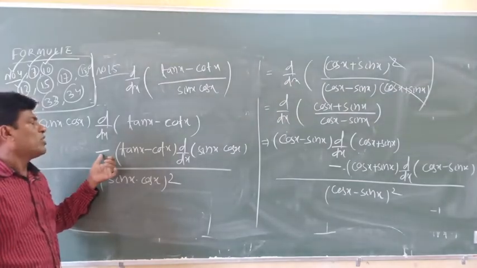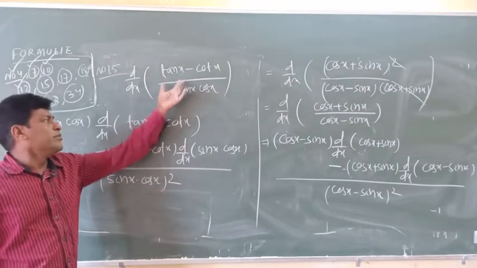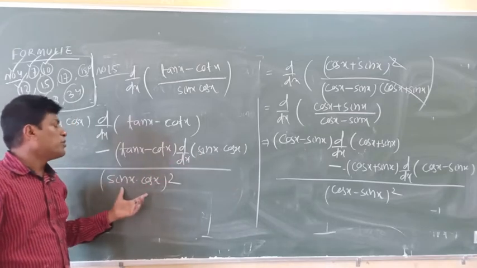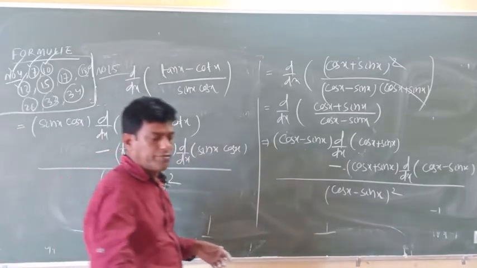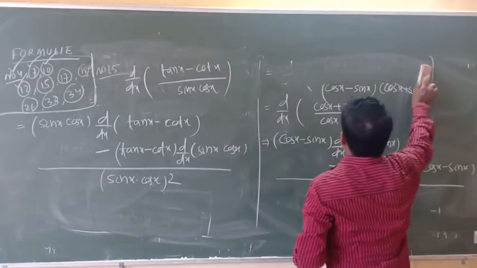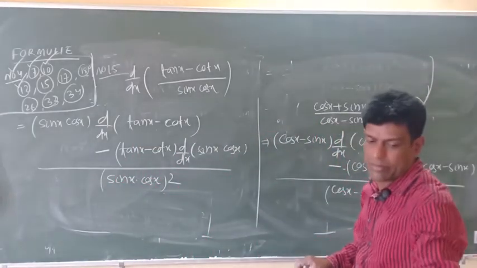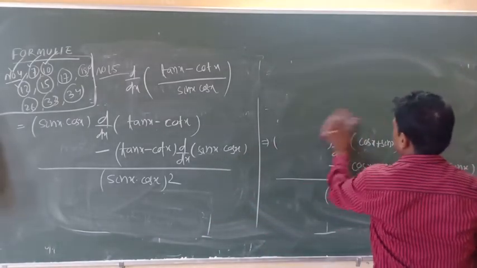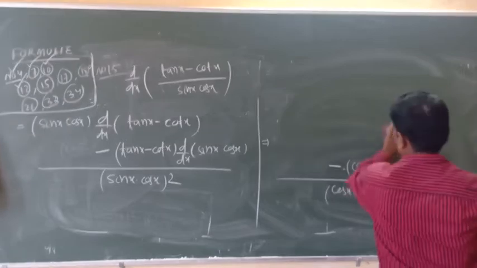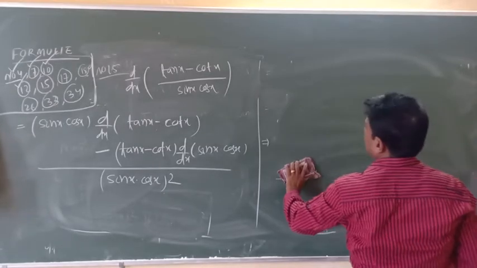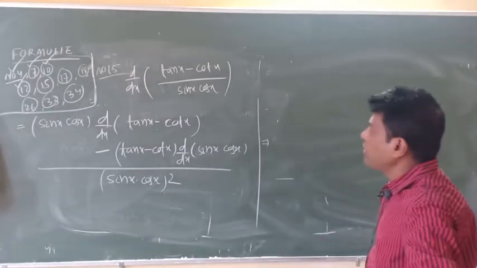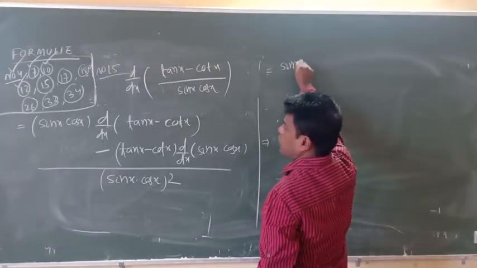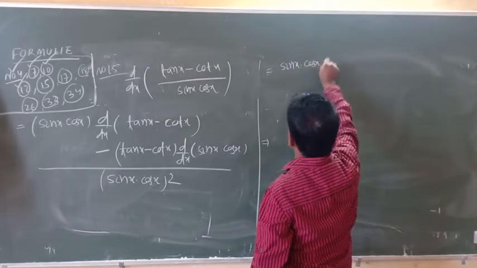When multiplication is plus, minus, the numerator is constant, derivative of denominator, divided by denominator whole square. Now you look here, sin x minus cos x is a constant, sin x into cos x into constant.